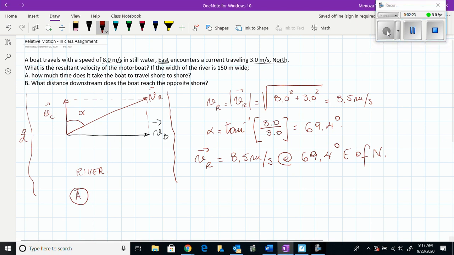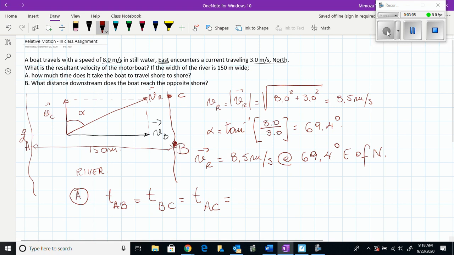Knowing that the river is 150 meters wide, since we are dealing with this direction, we can say that the time to go from A to B is the same as the time that will go from B to C, or the same as the time it goes from A to C, because those are independent uniform motions.